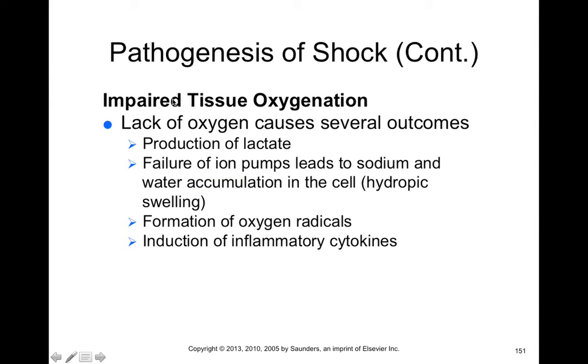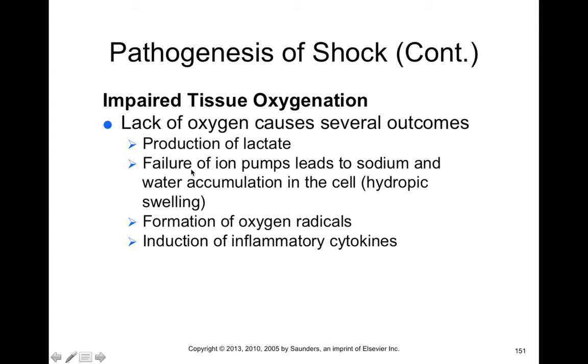So with impaired tissue oxygenation, this lack of oxygen causes several different outcomes. For one, in the tissue, it leads to the production of lactate. Remember, lactate's the conjugate base of lactic acid, and so this is one of the signs of shock at the tissue level.